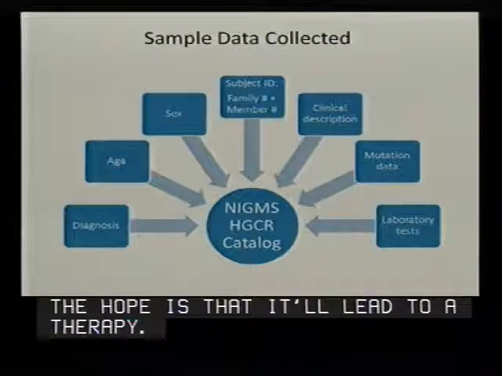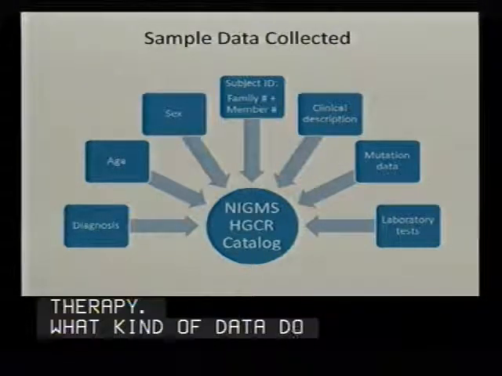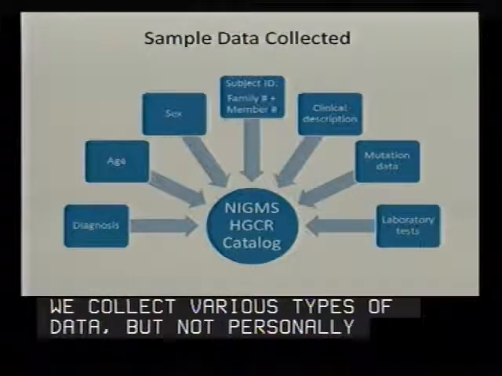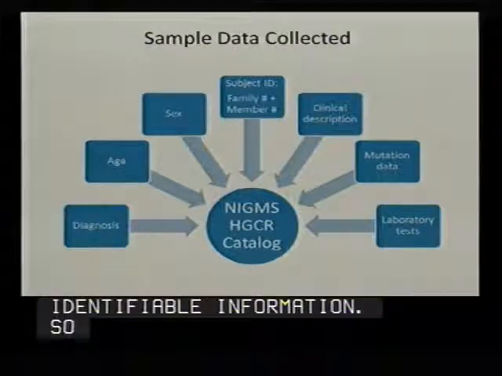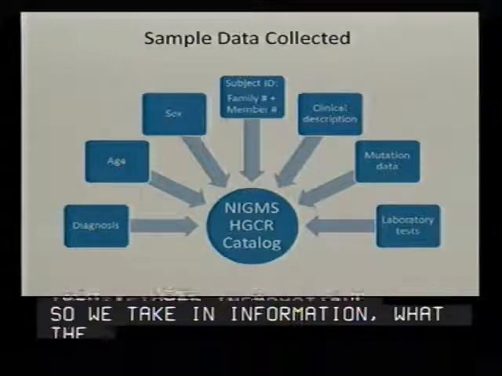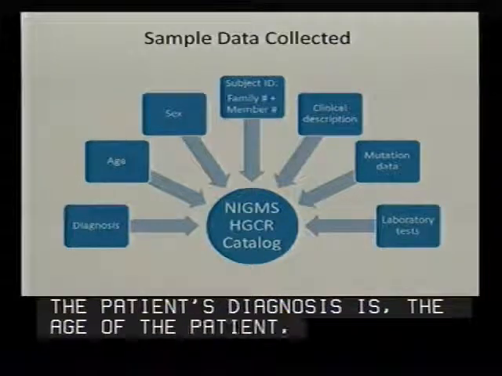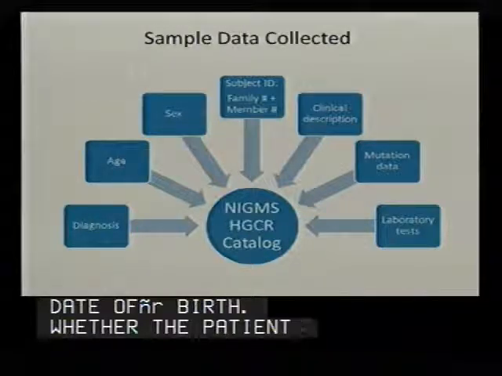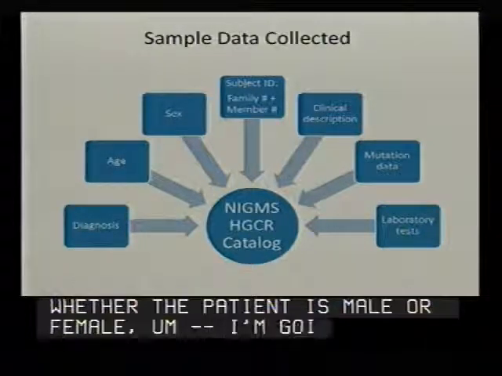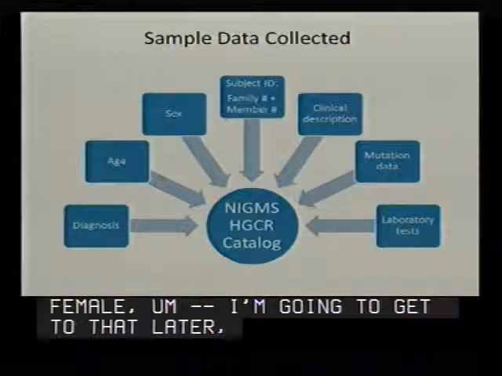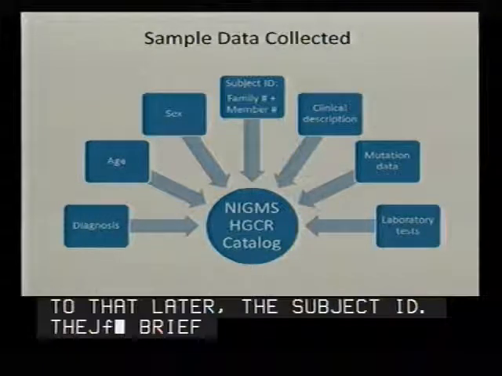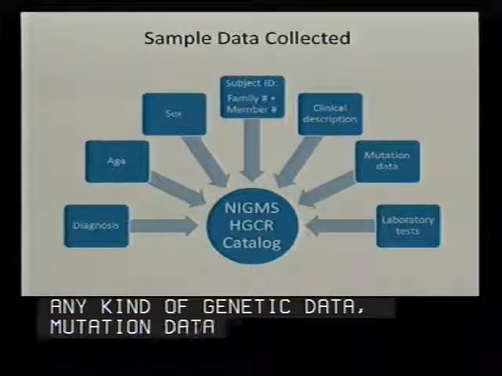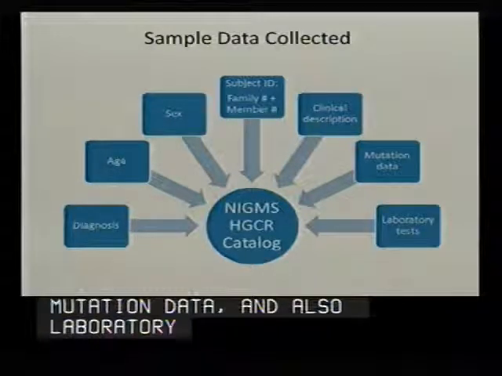What kind of data do we collect? We collect various types of data, but not personally identifiable information. So we take in what the patient's diagnosis is, the age of the patient, but not the date of birth, whether the patient is male or female, the subject ID, which I'm going to get to later, a brief clinical description of the condition, any kind of genetic data, mutation data, and also laboratory test data if some sort of biochemical analysis has been run.